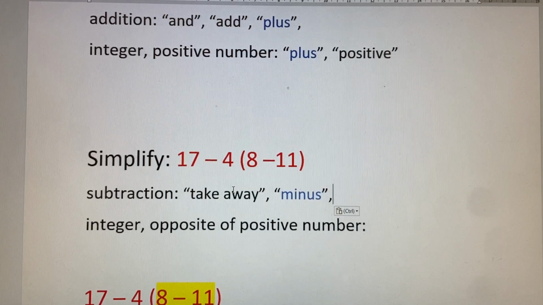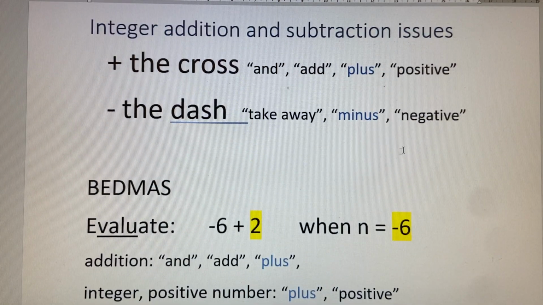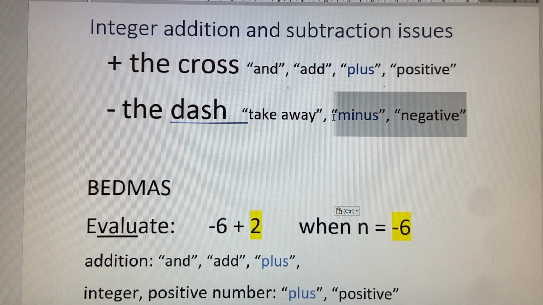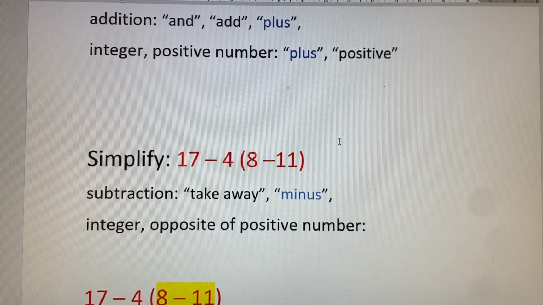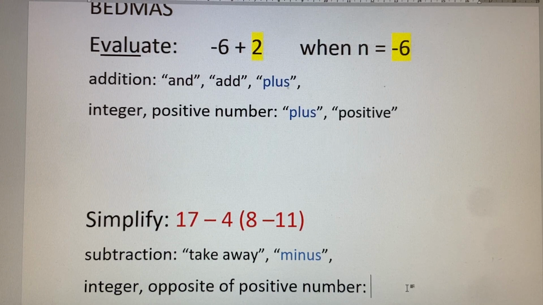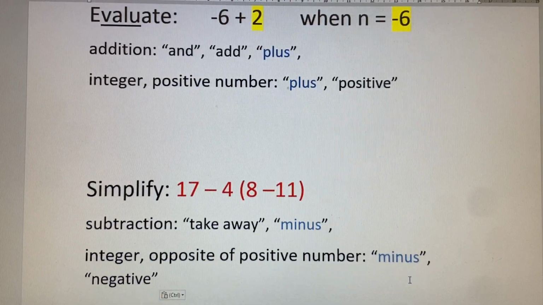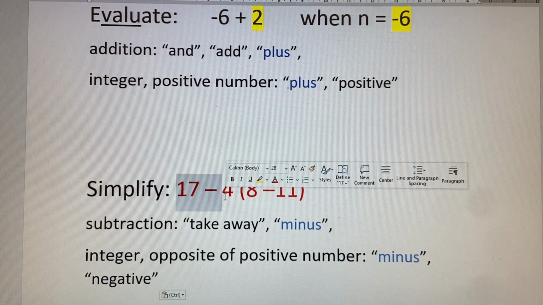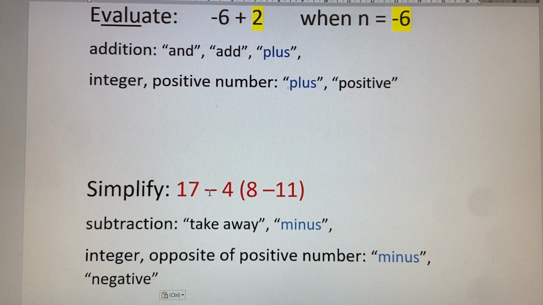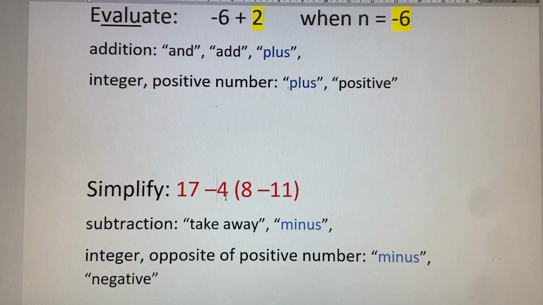The dashes can have a subtractive sense, as in take away or minusing, or they also have an integer sense, meaning a negative number. So this could read 17 take away 4 or 17 decreased by 4, but this decreased by is the same as -4.